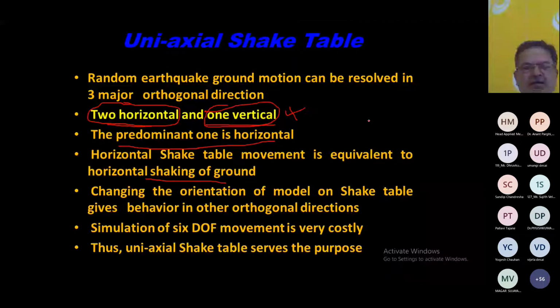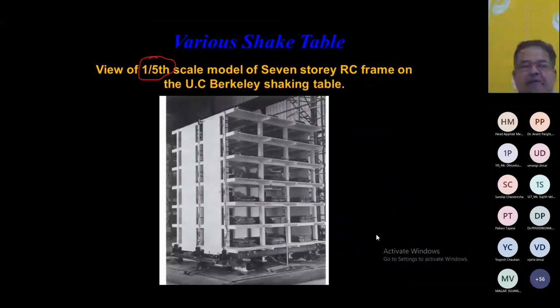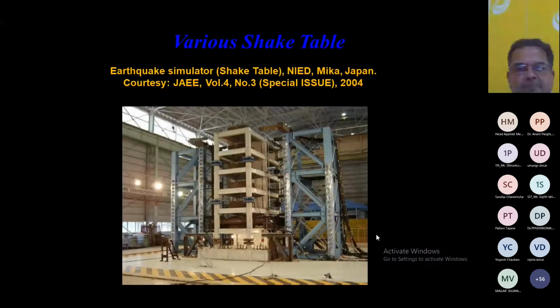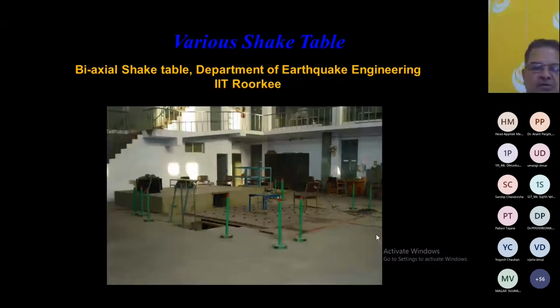Why am I saying this? Because if you want 6 degrees of freedom, then it is very costly, I tell you, right? When we are talking about an earthquake lab, generally the lab costs more than 1 crore, 2 crores. It depends. If we have a laboratory like what Japan has, it may cost more than 100 crores, 200 crores.